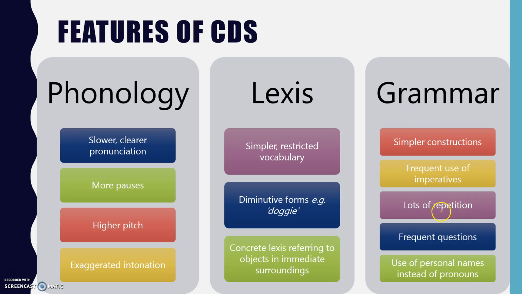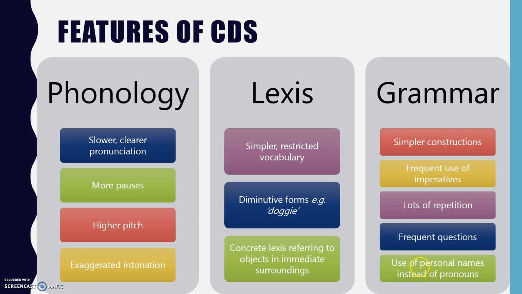The repetition allows them to learn the words because they're kept repeating, so the child would be like, oh right, so that's that word. And the use of personal names instead of pronouns is actually a feature of children's language in itself.